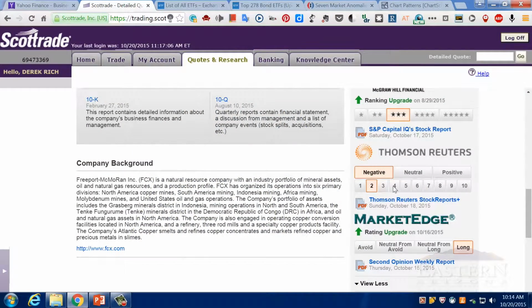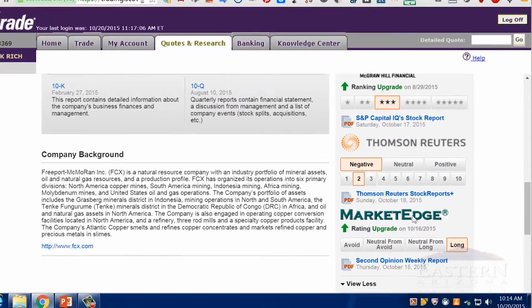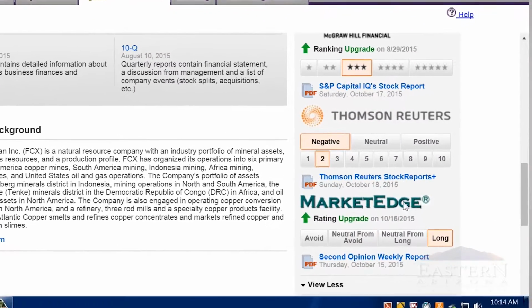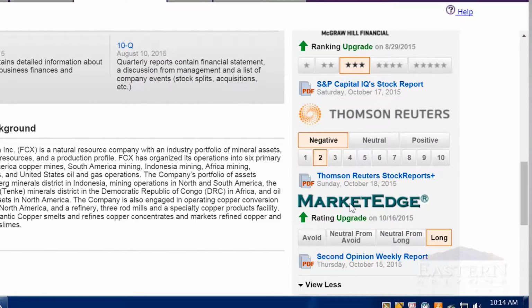And that's where you can use all of these things. So the S&P report, you can use the Thomson Reuters report, and you didn't hear this from me, but I would ignore the Market Edge. I think they suck. They have horrible reports. It makes no sense. So look at the Thomson and the other one, the S&P. They know what they're doing.